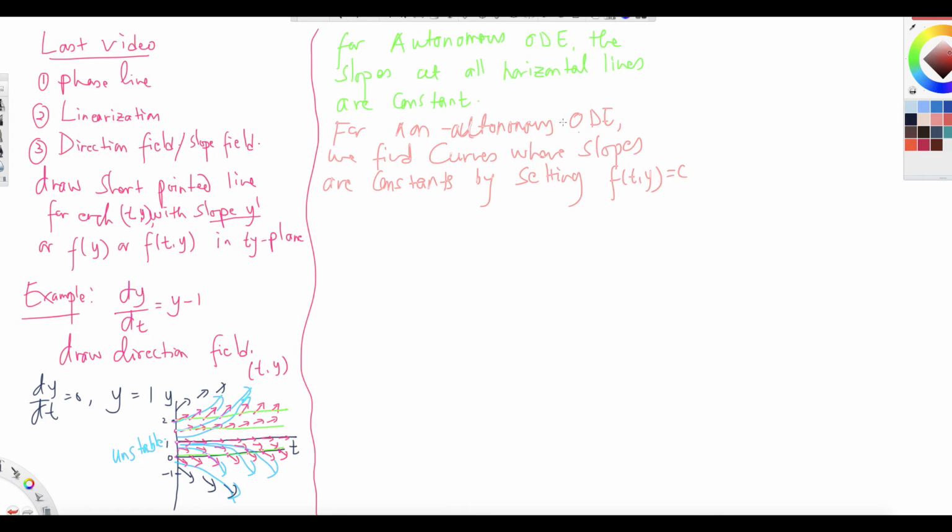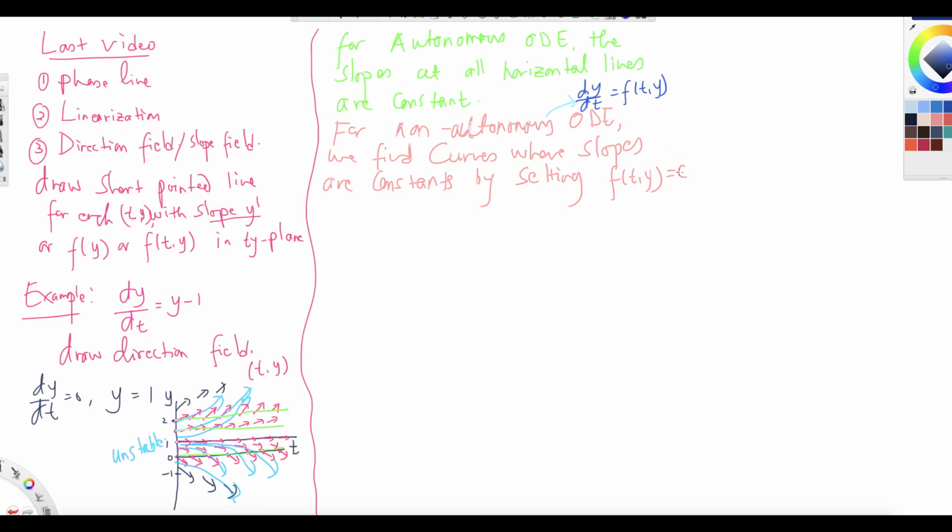Because see, what does a non-autonomous ODE look like? It looks like dy over dt equals a function of t and y. You will see the t explicitly there. Now, the derivative will be constant on the graph if you say dy over dt equals c, then you will get f of t, y equals c, and those will be the curves.